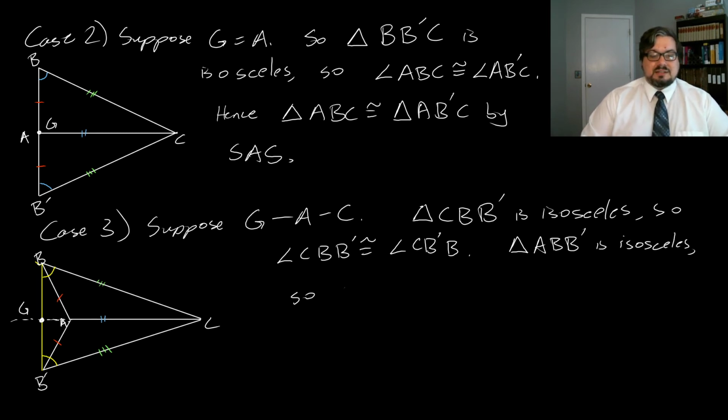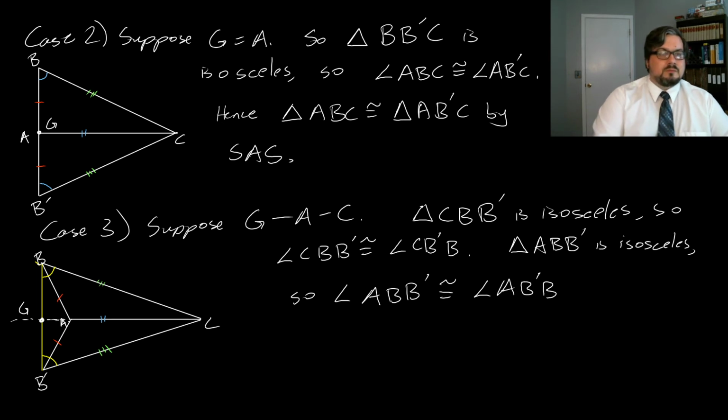So that means that angle ABB' is congruent to angle AB'B. So that gives us that those two angles are congruent to one another.